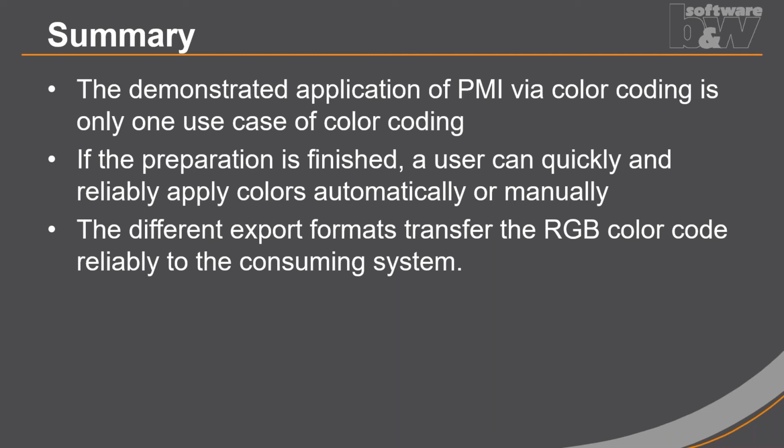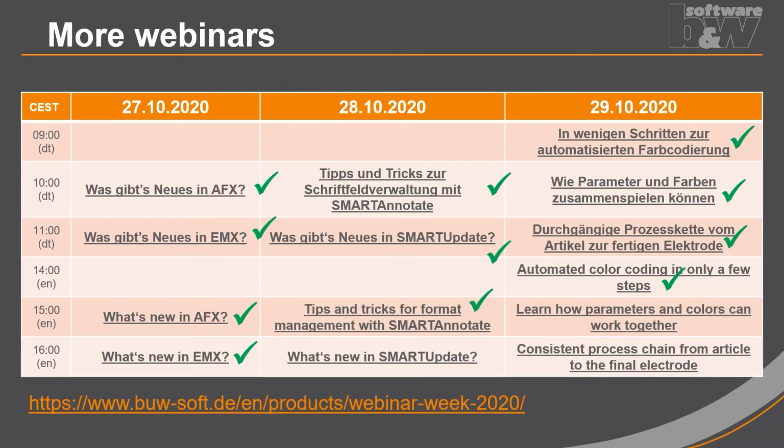Okay, and well, before I open it up to the Q&A session, I want to have a look at our webinar table, and this leaves only 2 webinars for today. I told you about the webinar about how parameters and colors work together.